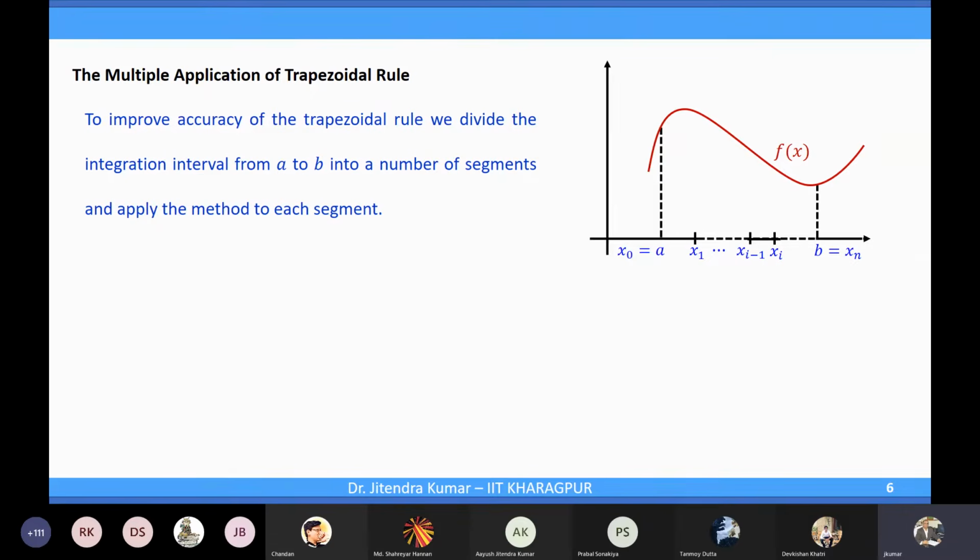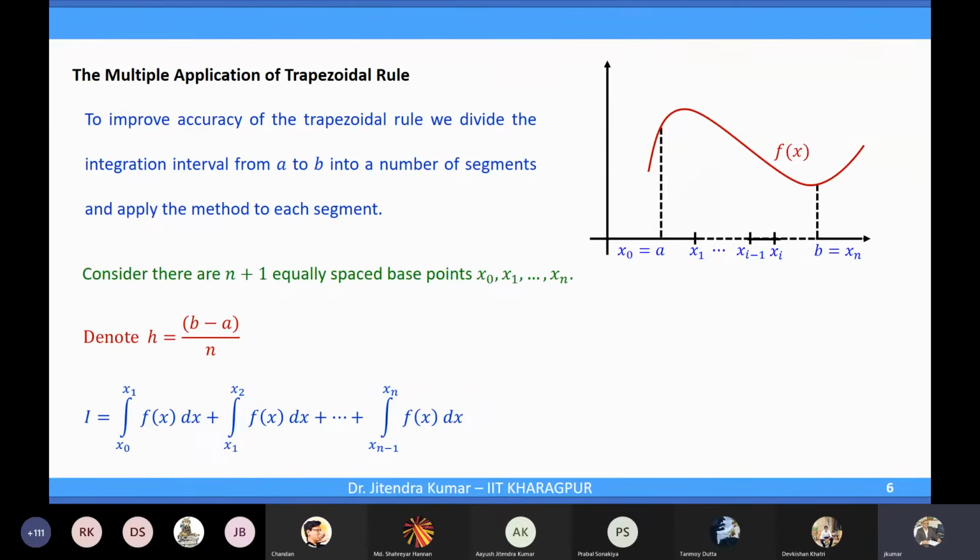So the error is going to be also small, because then your linear approximation is not a very bad approximation when your interval size is very small. Well, so we have considered n plus 1 equally spaced points, that means n intervals. So this (b minus a), the range of the whole interval, when we divide by n, we get that h, the size of the interval.